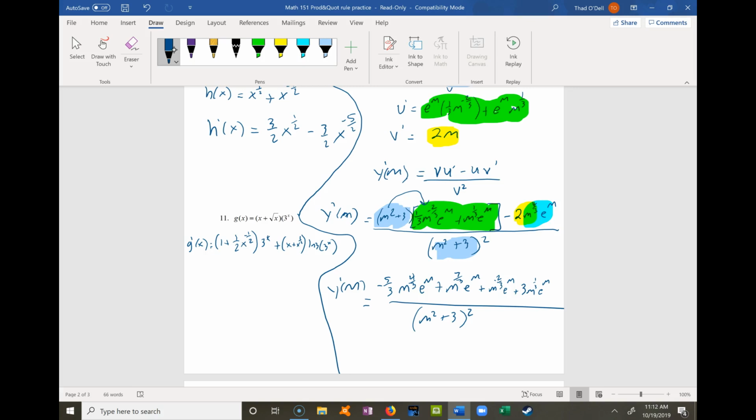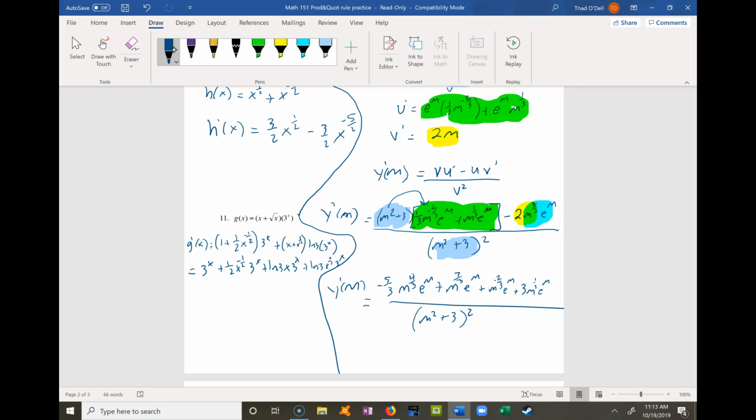And then to simplify, we got 3 to the x plus 1/2 x to the negative 1/2, 3 to the x plus ln 3 times x times 3 to the x plus ln 3 times x to the 1/2 times 3 to the x.